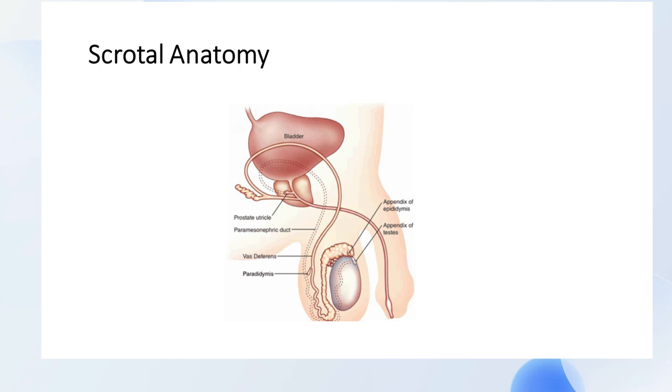So basically what we have here is the anatomy again. You can see the bladder here, and just below the bladder, inferior to the bladder, that's where you have our prostate, and then we have our testicle there.